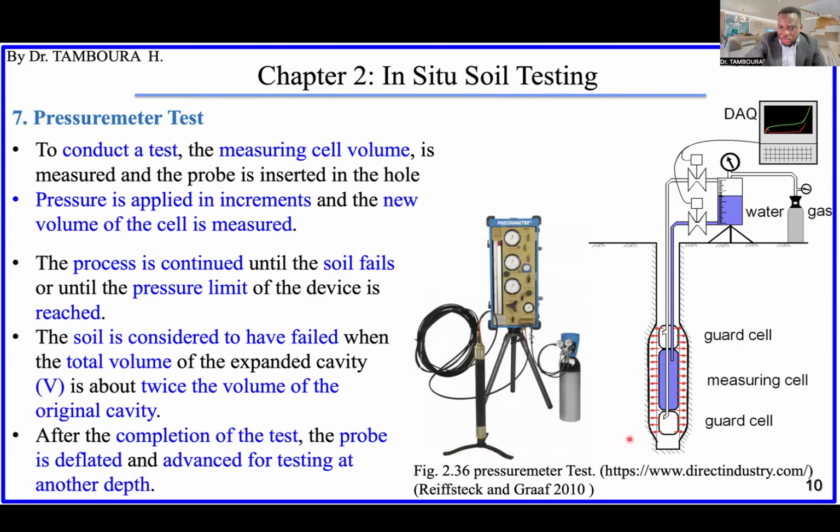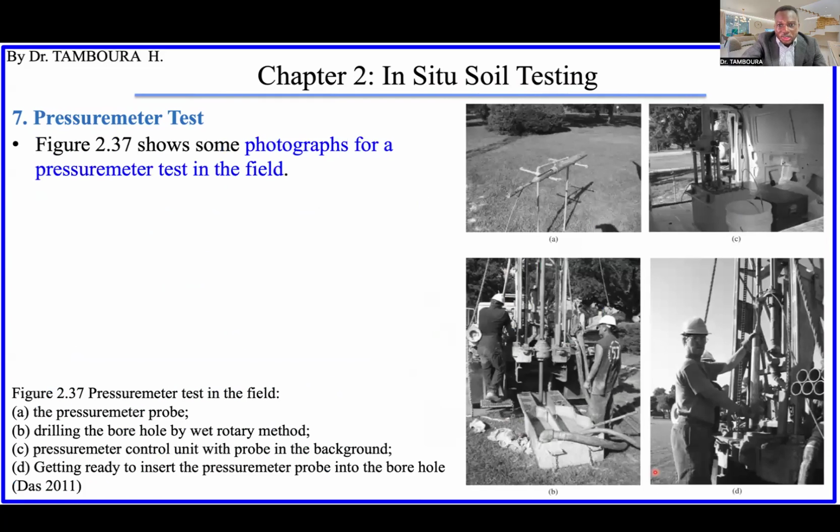Some self-boring probes will make the boring at the same time and go deeper. Then you do another test so that you can have continuous measurement for each depth. This is just an example of how some people may do the test.